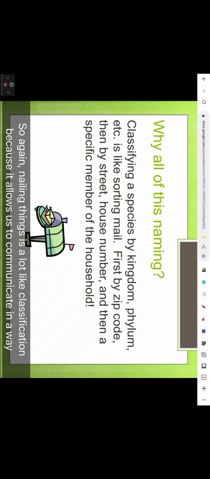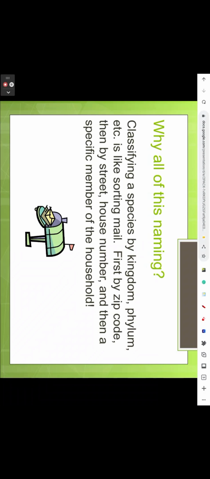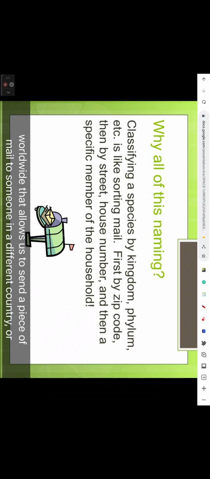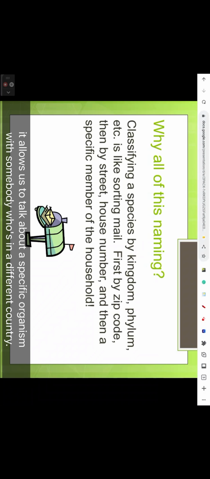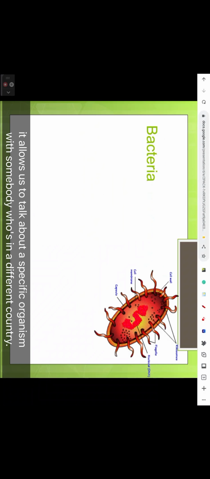So mailing things is a lot like classification because it allows us to communicate worldwide. It allows us to send a piece of mail to someone in a different country, or to talk about a specific organism with somebody who's in a different country.